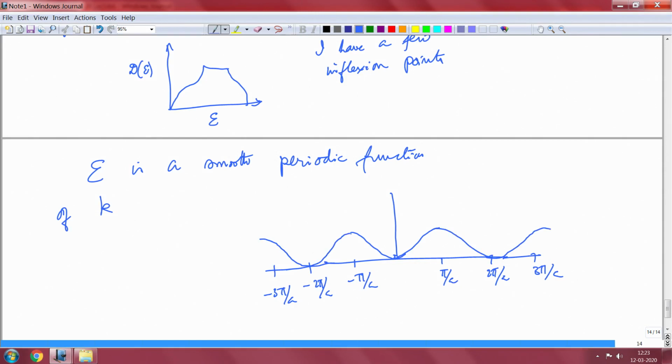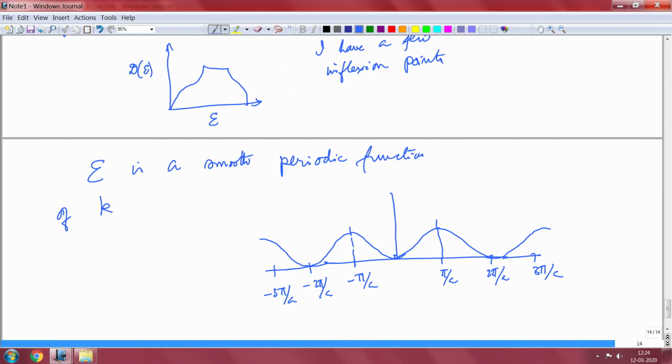Okay. Although of course the linearly independent states are confined to pi by a to minus pi by a, there is nothing that prevents you from drawing energy as a function of K for all values of K from minus infinity to plus infinity for the 1s band. If you do that, it is a periodic function.